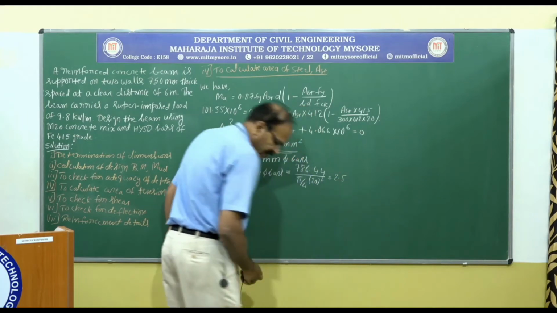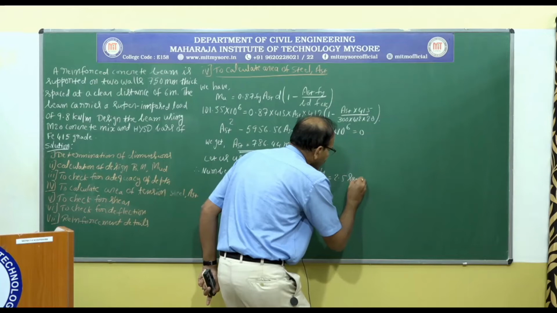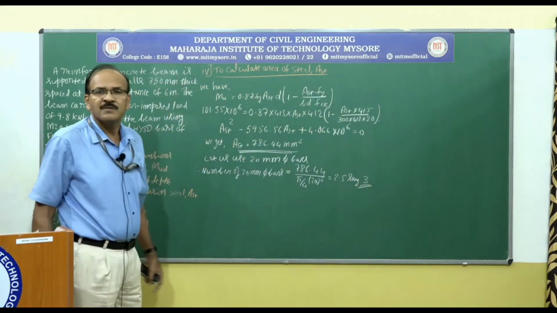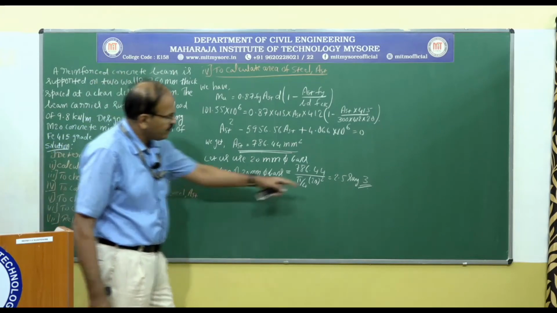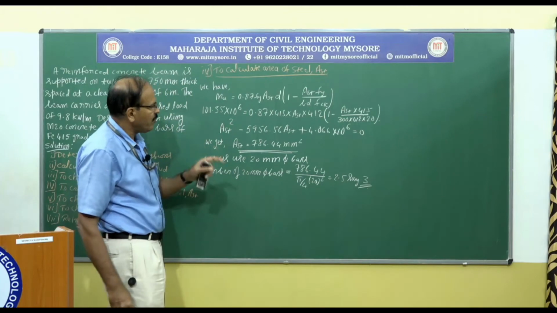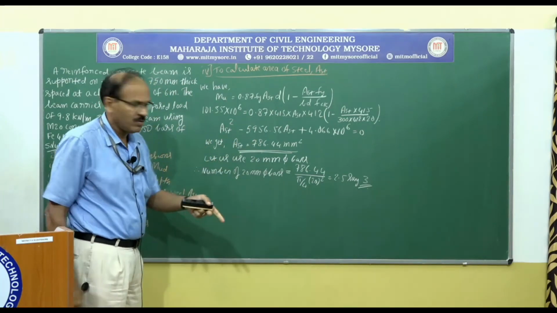Of course, we cannot provide 2.5 bars, so we are going to provide 3 bars. Once you provide 3 bars, the actual area of steel we are going to provide is going to increase. It is not going to be this value anymore.